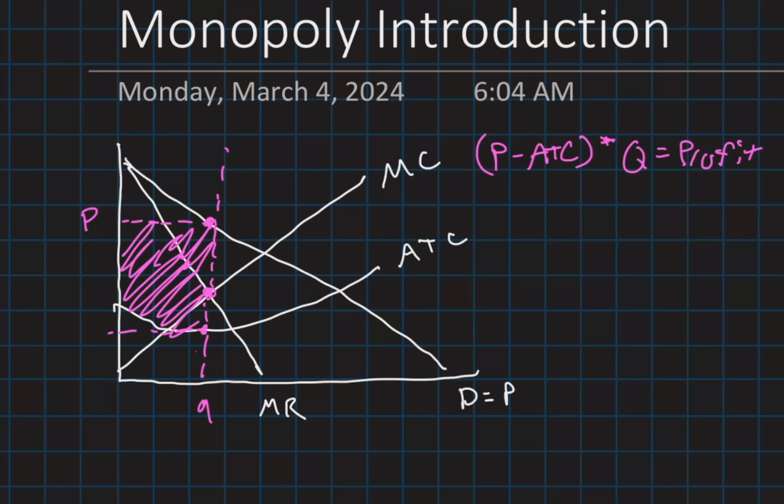Okay. Now, there's also deadweight loss in a monopoly. So why is there deadweight loss? Well, in perfect competition, the equilibrium point is where supply and demand meet. The demand curve is right here, and marginal cost kind of acts like a pseudo supply curve. So this is the optimal point, this is where the market wants to be at equilibrium.